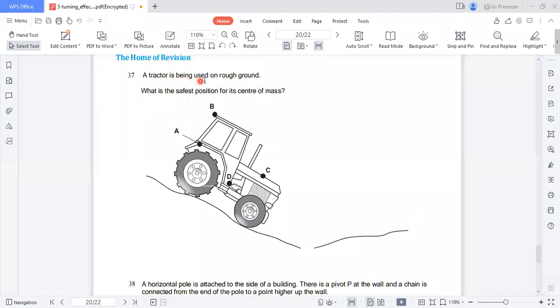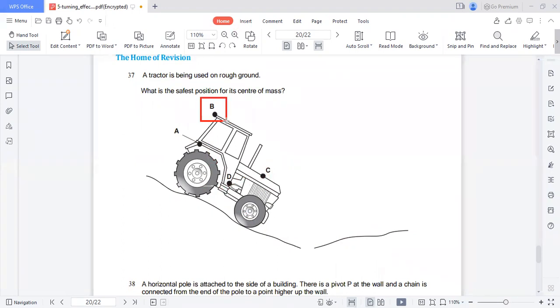A tractor is being used on a rough road like this. What is the safest position for its center of mass? You can see these are the possible positions of the center of mass. Let me mark them.